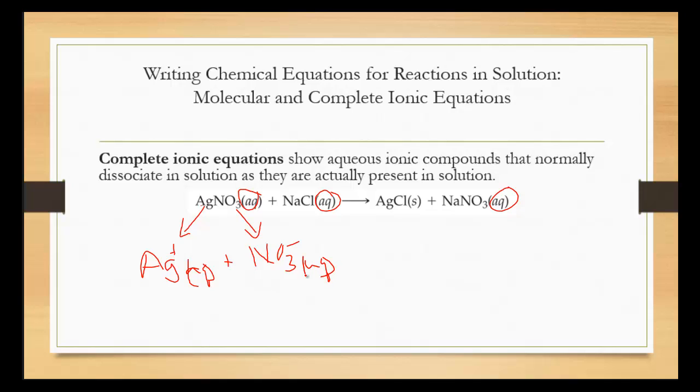I see AQ for NaCl, so I have Na dissolved in water, and Cl dissolved in water. Don't forget your charges because these are ions. That got broken up into Na and Cl. I see solid here, so that doesn't break up. So I'm going to keep that as AgCl.